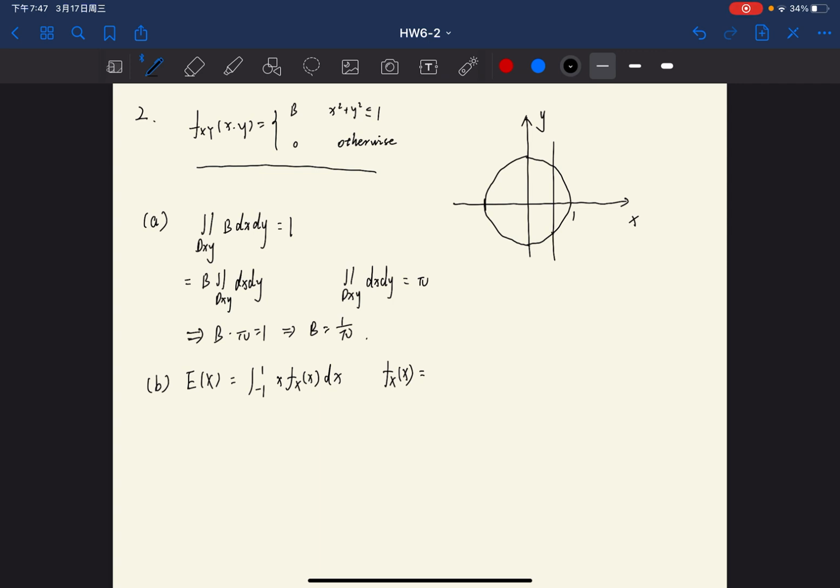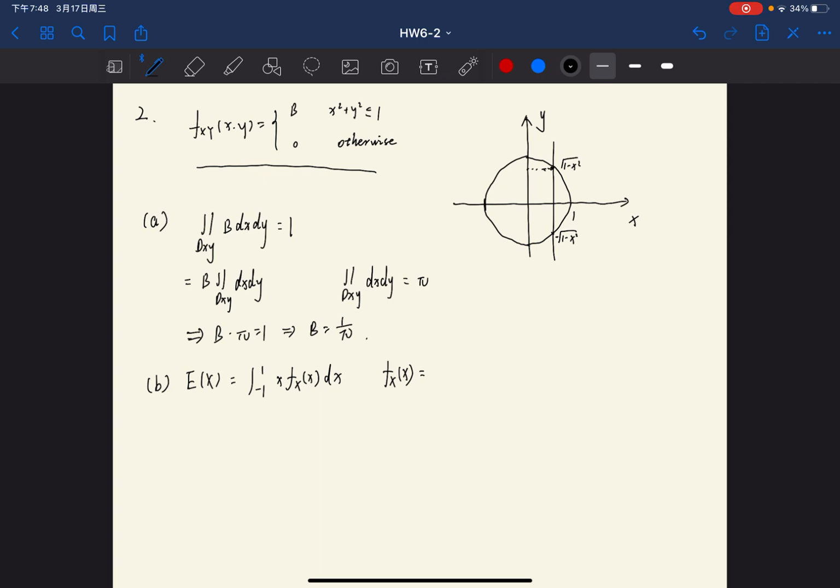We can find that the line intersects with the circle at 2 points, and the first point is square root of 1 minus x to the power of 2, and the second is negative square root of 1 minus x to the power of 2.